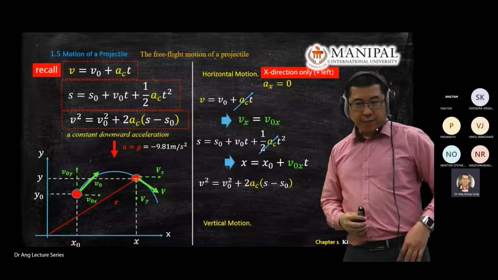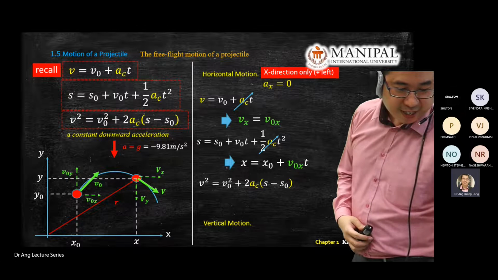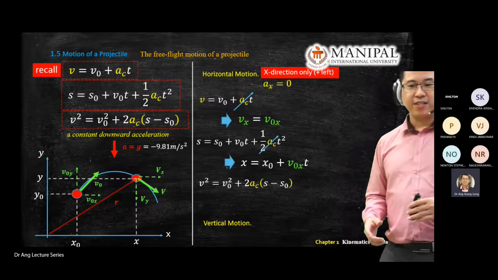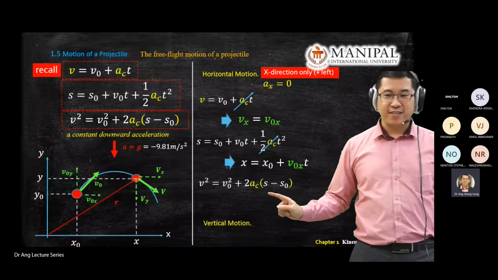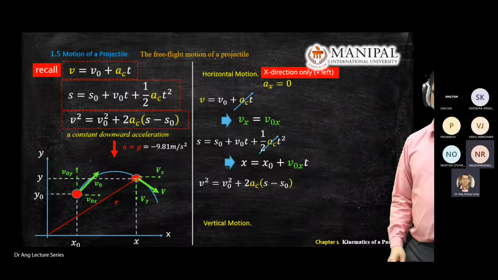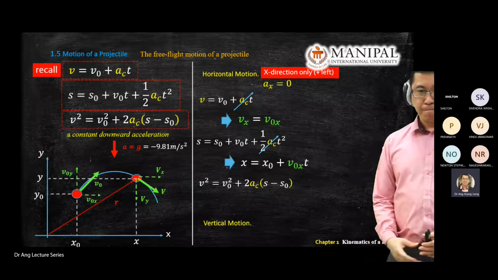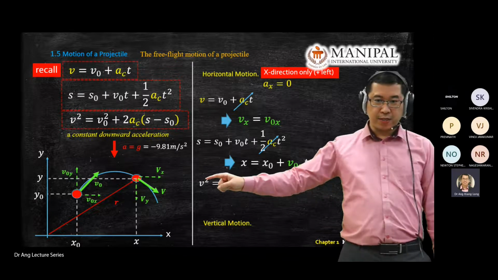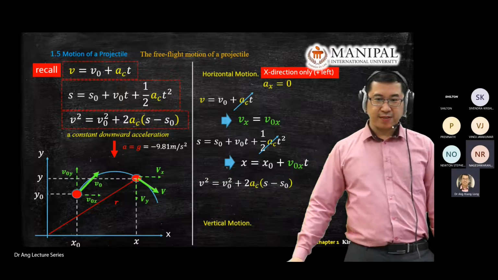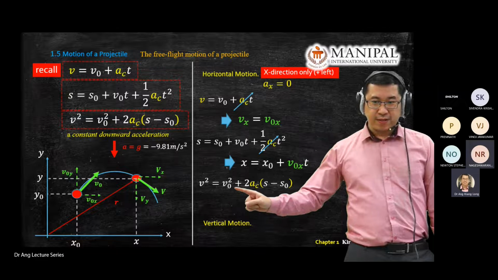Okay, let me guess. Let me ask. Nageshwaran, are you there? What is your guess? What is the answer that you guess will appear here? What will this be? V squared equals V0 squared.